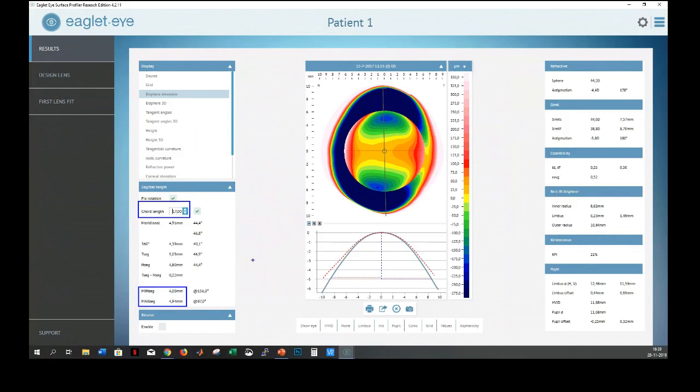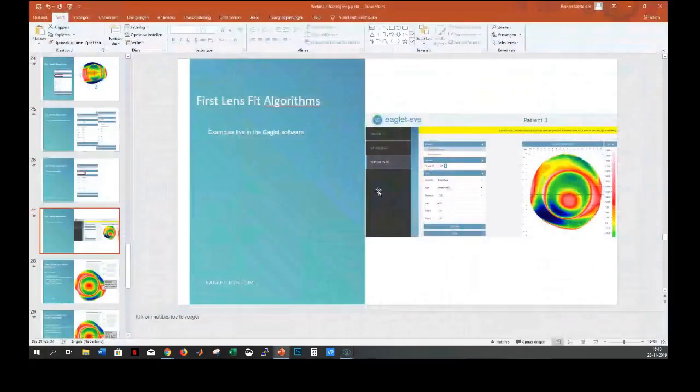This was such an extreme example that we had to switch to using the numbers instead of relying on the first lens fit algorithms, because we were beyond the ranges of most of the lenses. So we had to consult all the labs and ask, what can you do? This is my favorite example to show the need for it.